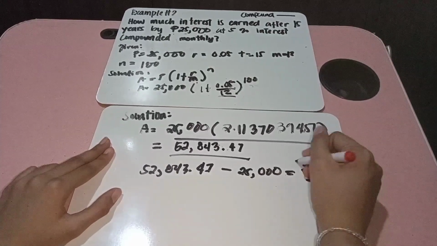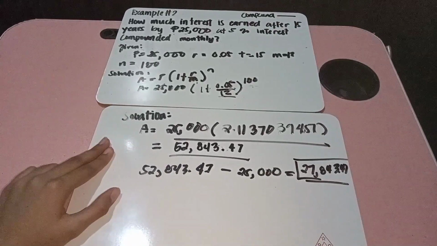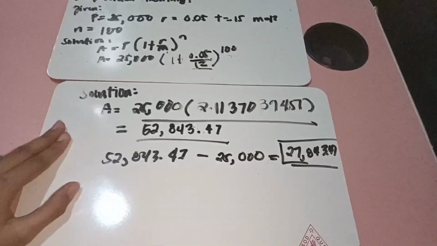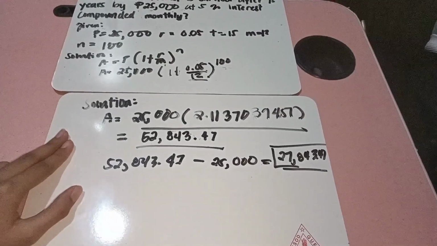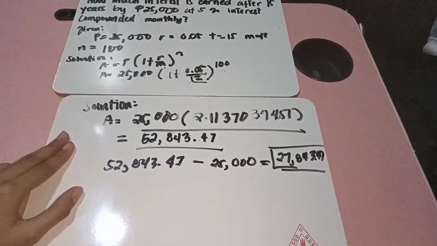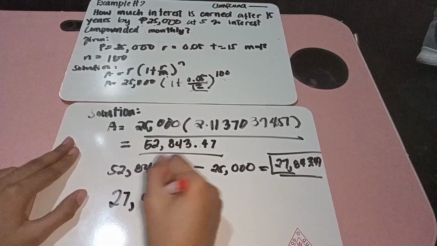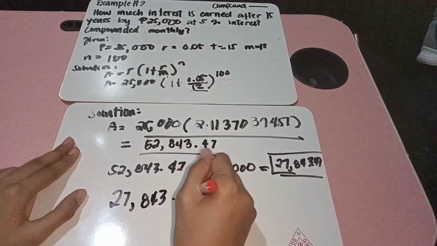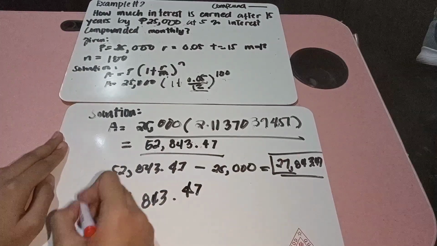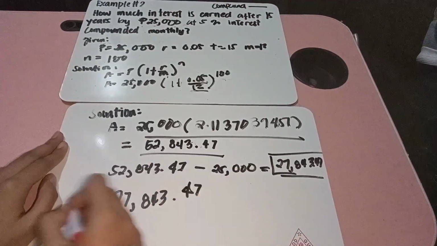So, bale, ito yung magiging sagot. Ito yung sagot. 27,843.47 yung interest compounded monthly.